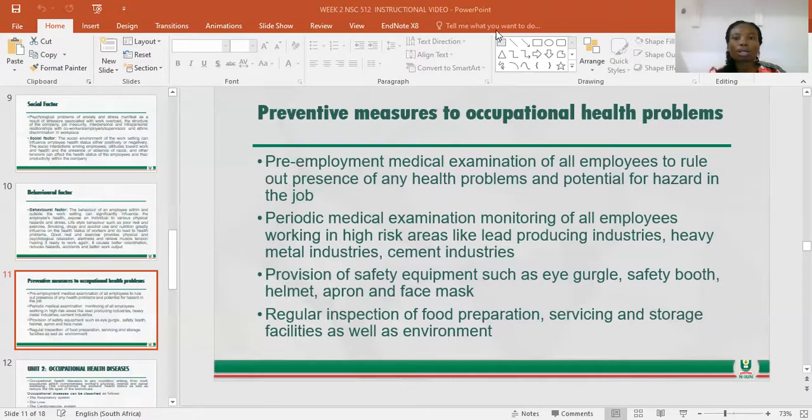And so we've just covered Unit 1 of Module 2. We've looked at the meaning of occupational health problems, as well as the preventive measures.